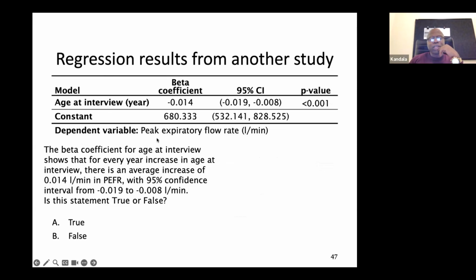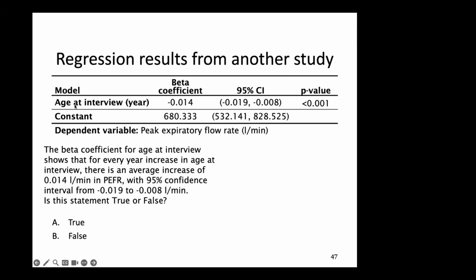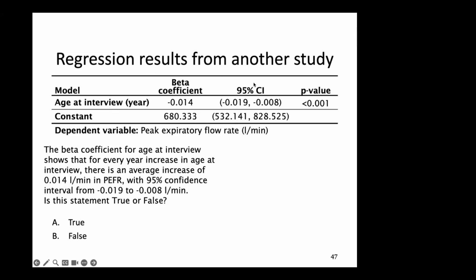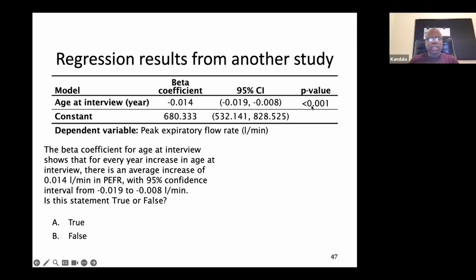The dependent variable is the peak expiratory flow rate, which is measured in liters per minute. You have a constant of this value, and you have also the age at the interview, which is measured in years. You have this value here, and you have also the confidence interval and p-value there.